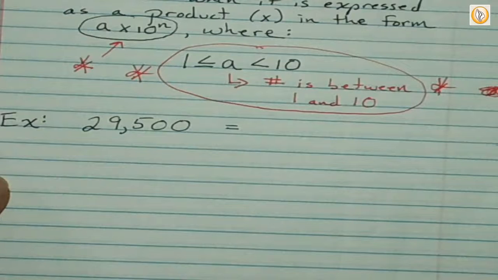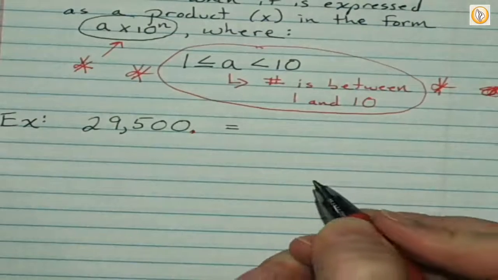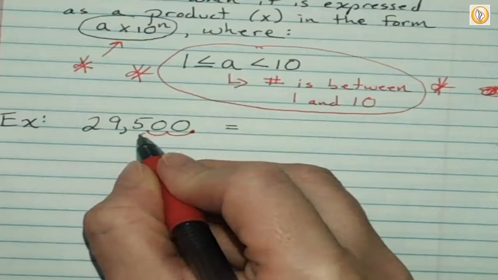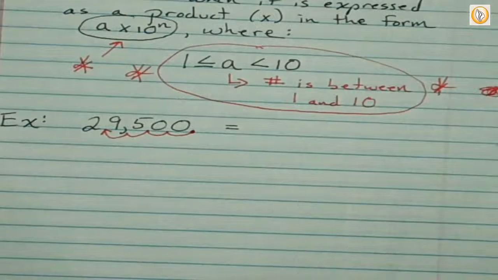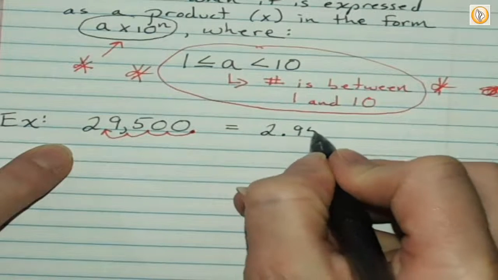So what we've got to do is make it between 1 and 10. So we're going to put an imaginary decimal right here. And I'm going to move the decimal so many places until I get it to where the number is between 1 and 10. And what I got is 2.95.